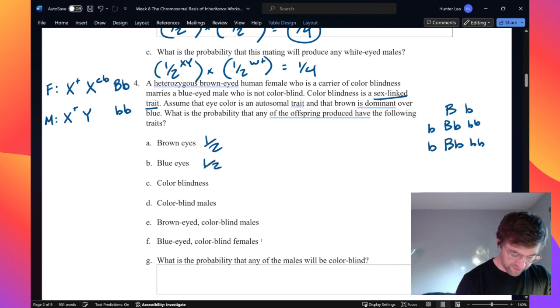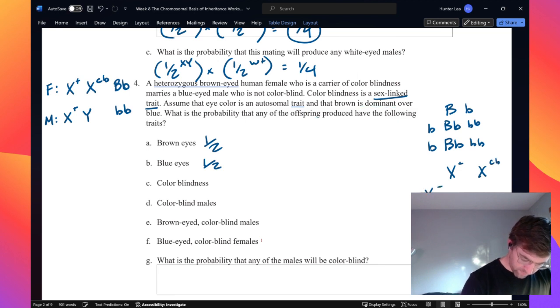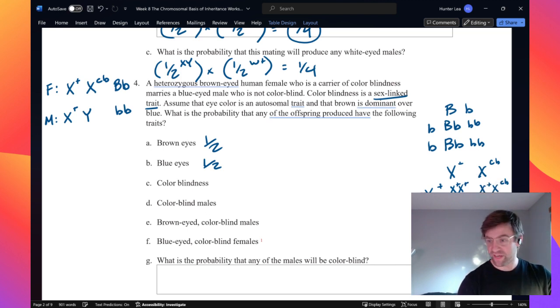For color blindness. Stylus is having a hard time. So here we've got a carrier.